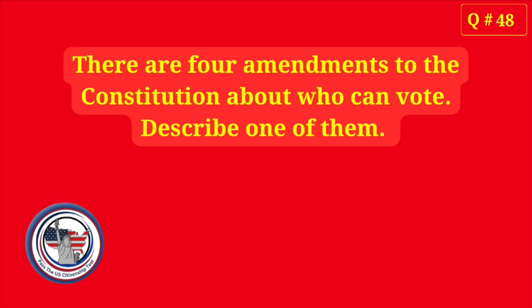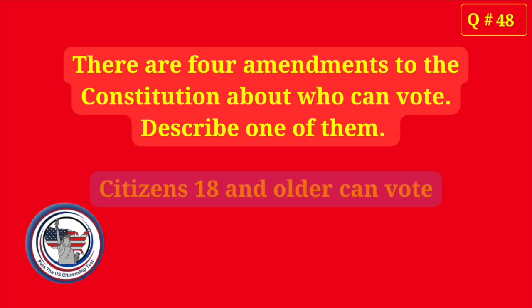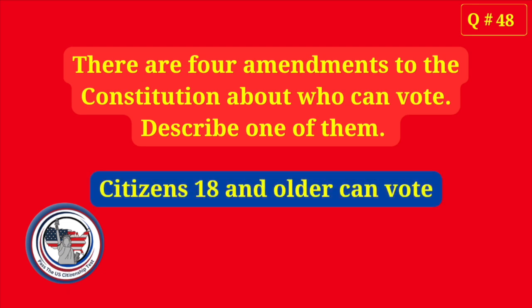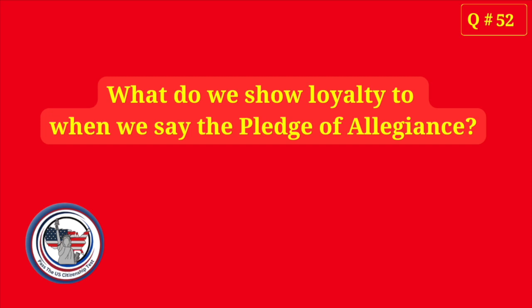There are 4 amendments to the Constitution about who can vote. Describe one of them. Citizens 18 and older can vote. What do we show loyalty to when we say the Pledge of Allegiance?